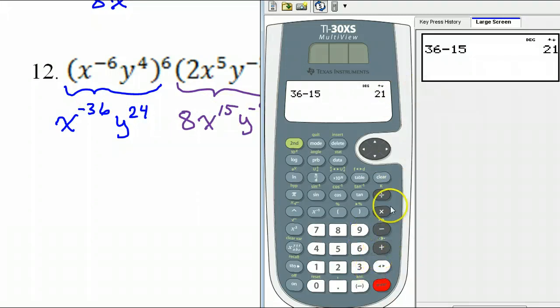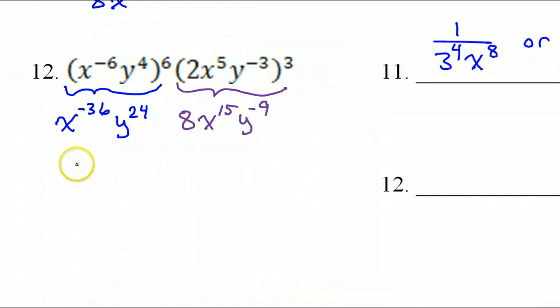Alright, if only you were allowed to use the TI-30, then you could have gone negative 36 plus 15, and that would just do all the work for you. So, but you had to think a little bit on a 4-function calculator to understand that it's negative 21. Anyway, it is negative 21. So we have x to the negative 21 power. Okay, we've got that 8.